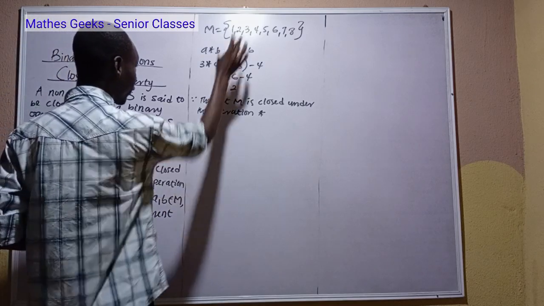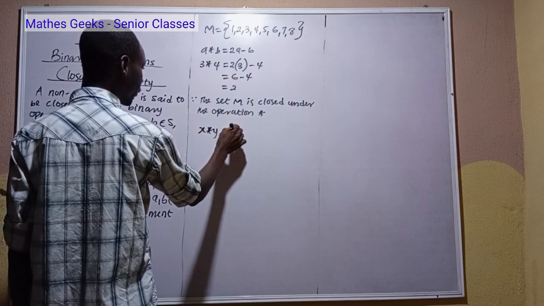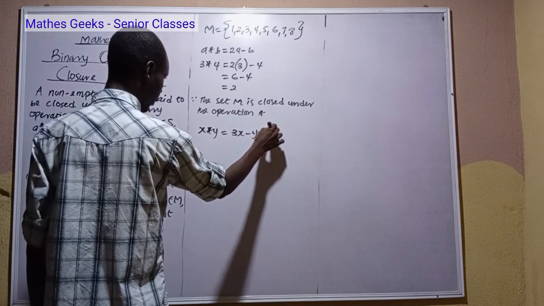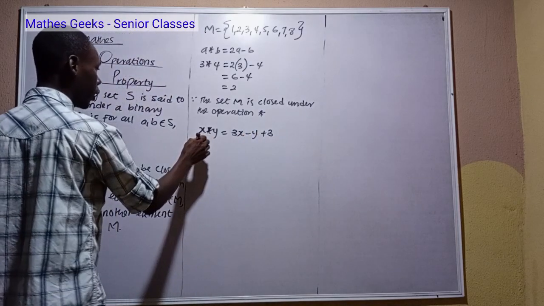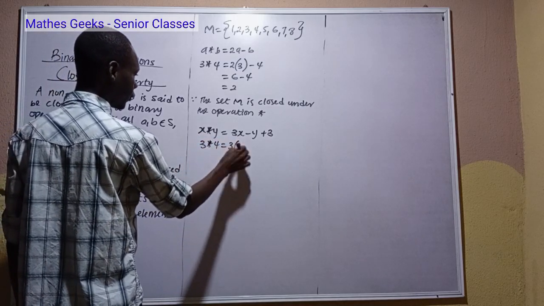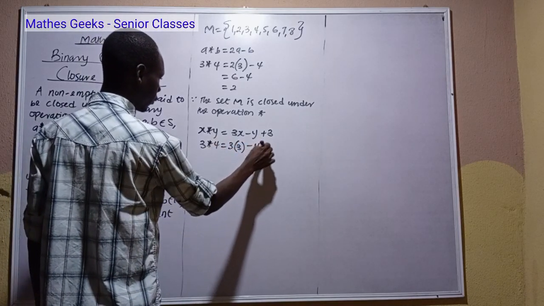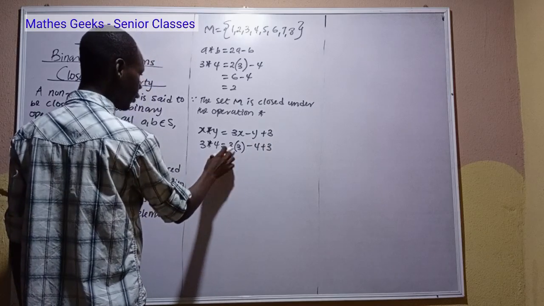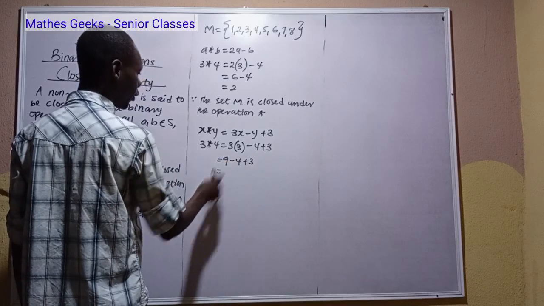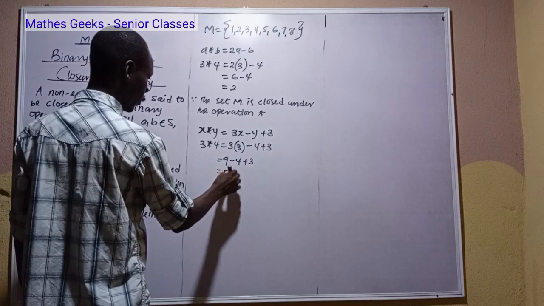Let's take another example. Starting from this set, let's say the rule of combination is x star y is equal to 3x minus y plus 3. Okay, so let's also take 3 star 4. 3 times 3 minus 4 plus 3. 3 times 3 is 9, minus 4 plus 3. 9 minus 4 is 5, plus 3.